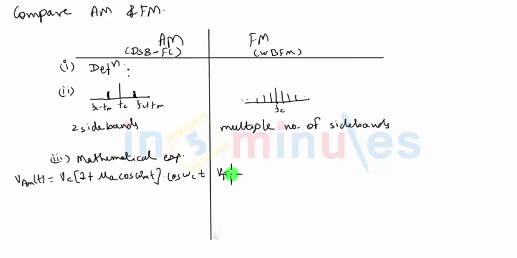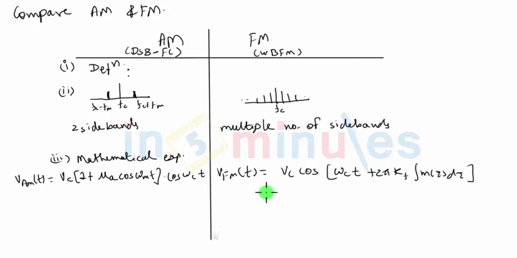On this side, if I write the expression of the FM signal, then if you remember, it was nothing but Vc cos of (omega c t plus 2 pi kf integration of m of tau d tau). Now this was obviously the generalized expression. What we are looking for is, here I'm using a cosine signal as the modulating signal.